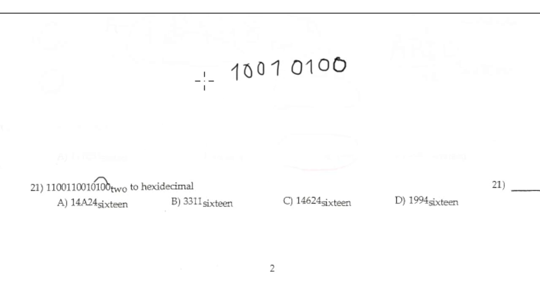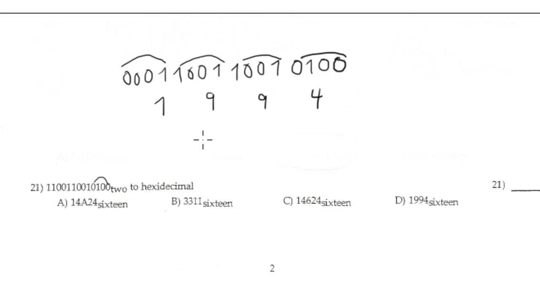After we have 1, 0, 0, 1 again. And finally we have 1. 1 alone is 0, 0, 0, 1; you complete with the 0s. We have 4 groups, and using the table, this is the symbol 4, this is the symbol 9, this is the symbol 9, and this is the symbol 1. Okay, so it is 1994 base 16. That's the option D.